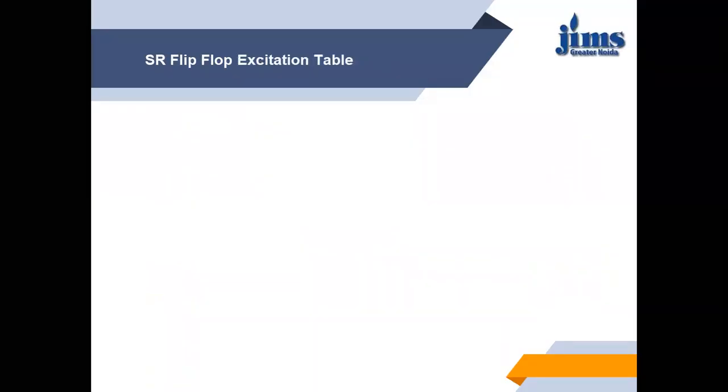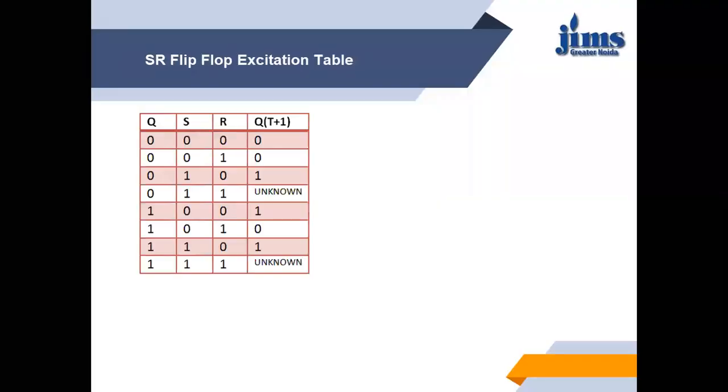In that case, we know the present state and the next state of the flip-flop, and we have to find out the input values of S and R. So here we use the excitation table, and the excitation table can directly be derived with the help of the characteristic table.